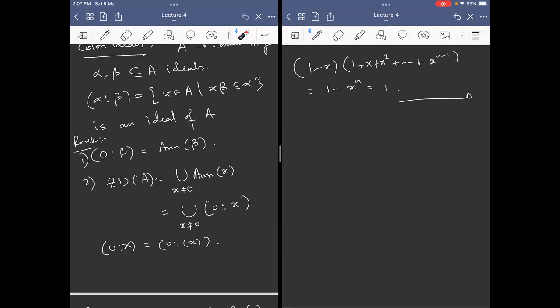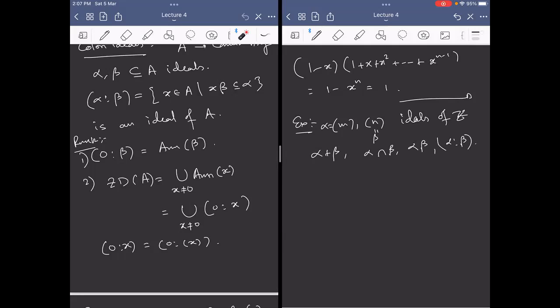Now what I am giving you as an exercise is that if you have two ideals, the ideal generated by M and the ideal generated by N, ideals of Z, just try to compute, this is your alpha, this is your beta. What is alpha plus beta? What is alpha intersection beta? What is alpha beta, and what is alpha colon beta?